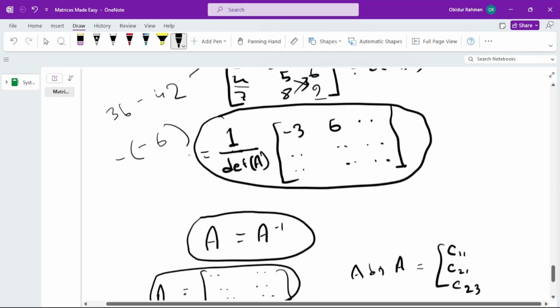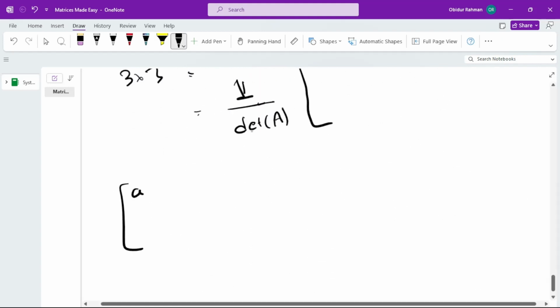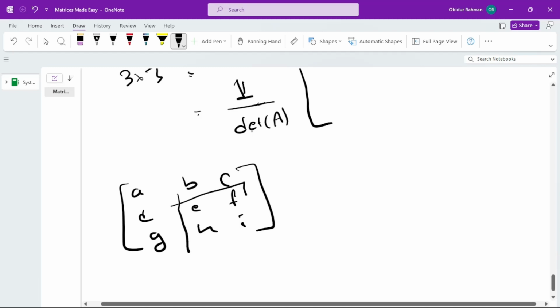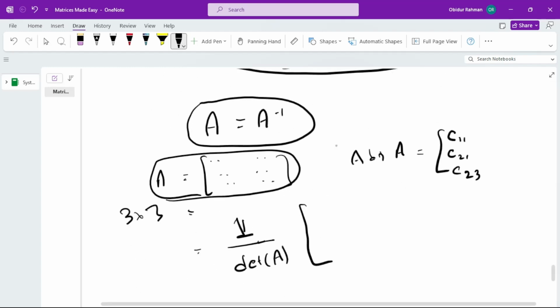The cofactor is like this: if we have A, B, C, D, E, F, G, H, I, we calculate the determinant of this: E times I minus F times H, then we multiply it with A. We write it here, here, here.